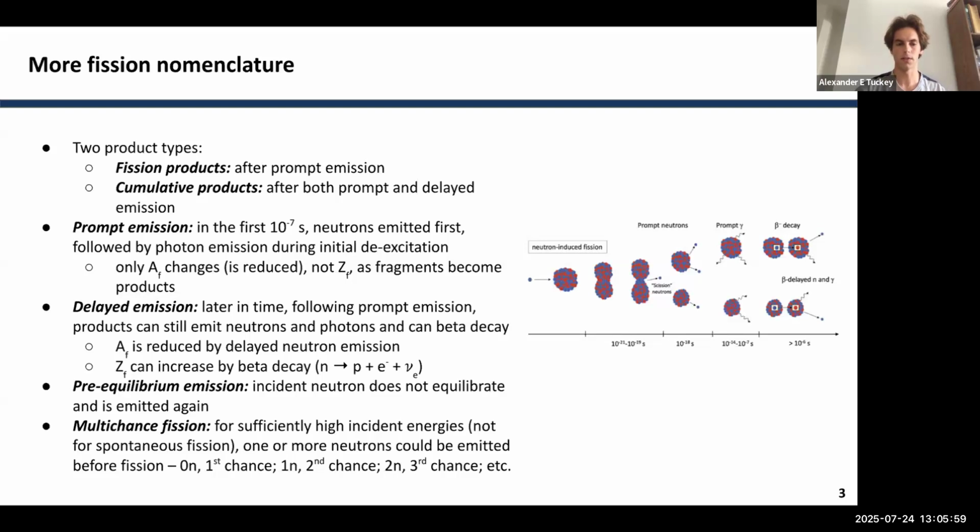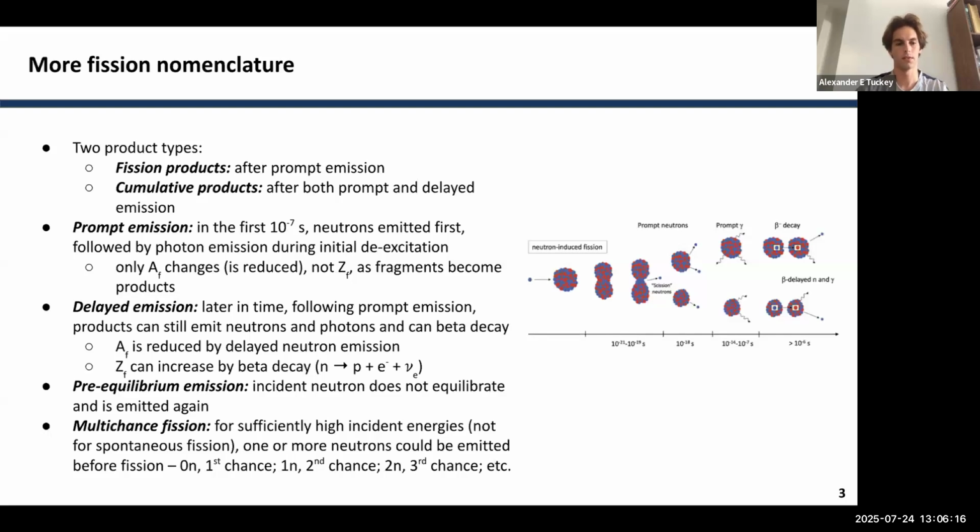So there's two other neutron emission processes that will be relevant for my talk. And both of these are in regards to neutron-induced fission. And both of these may occur and may only occur before scission occurs.